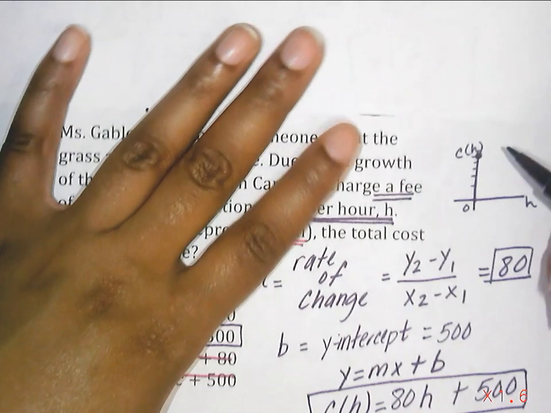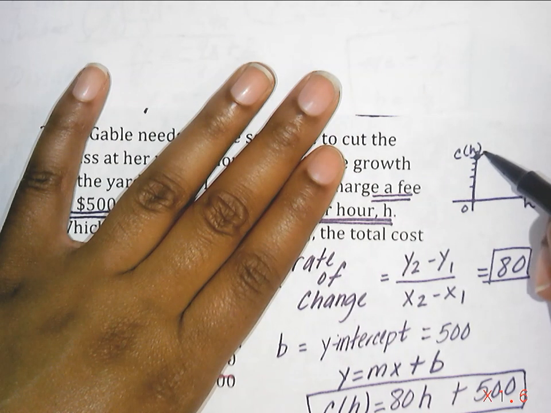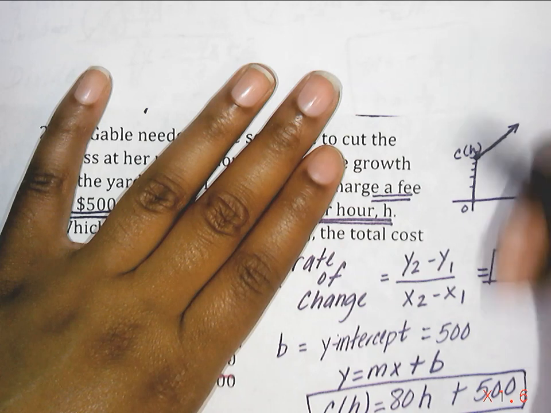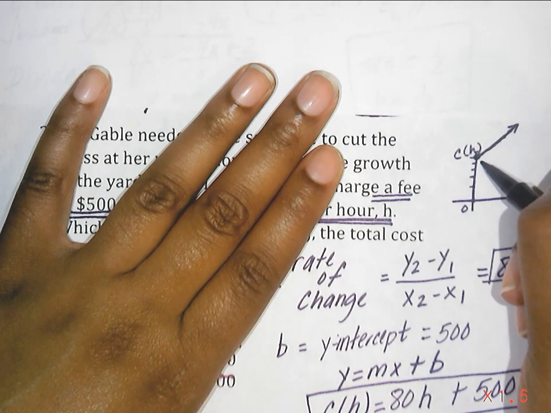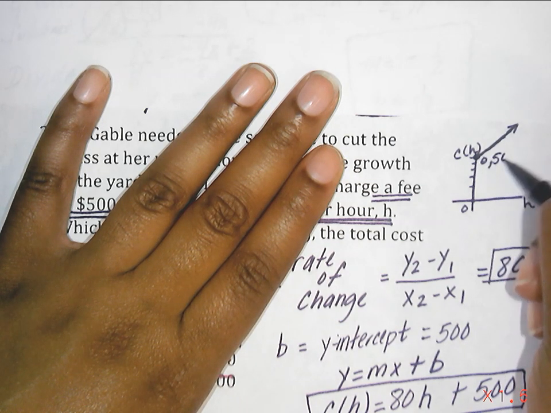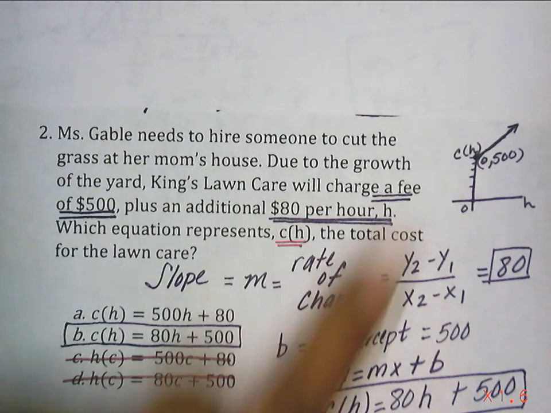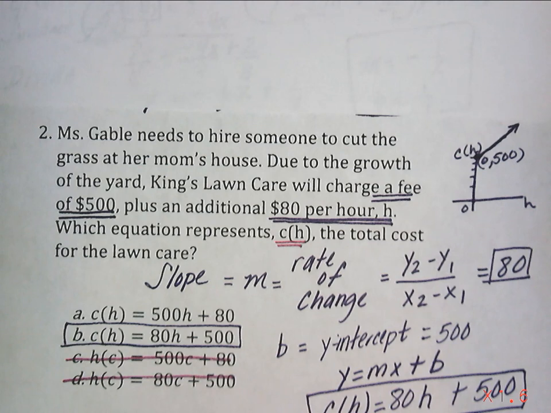And then because I'm paying them, this graph would just be a line that looks something like that. Not as steep, but it would definitely have a y-intercept at 0, 500. And if you remember about graphing, you always start at the beginning with your y-intercept. That's for linear functions, just so that you know. All right, never mind me.